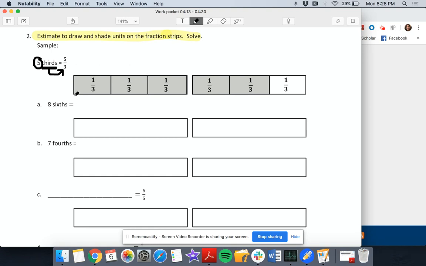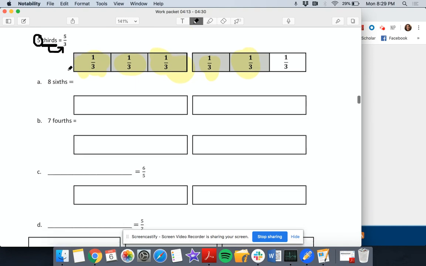Okay, and they gave us 2 strips, and each strip is divided into thirds. So there are 3 equal parts, 1, 2, 3, and 3 equal parts on the other strip, 1, 2, 3. And what they did is they shaded 5 in, because we need to shade in 5/3. So 1, 2, 3, 4, 5.